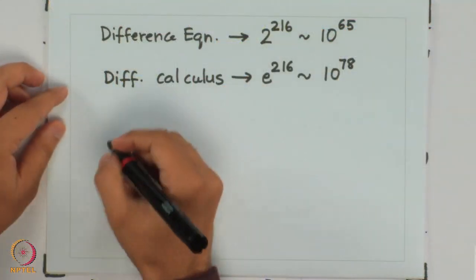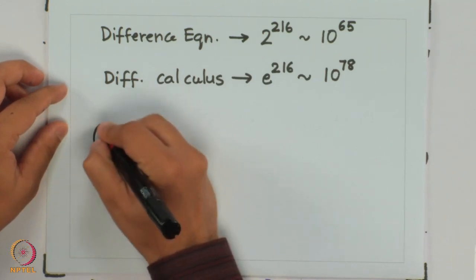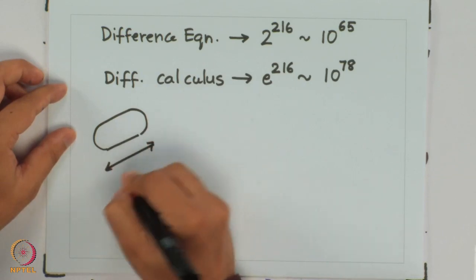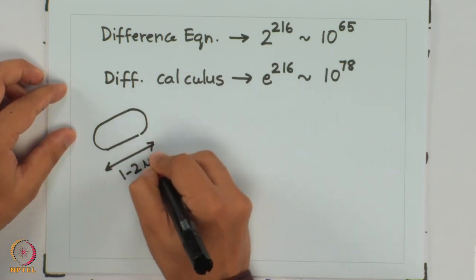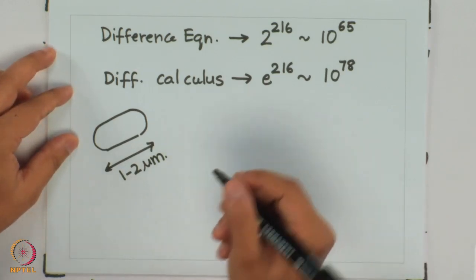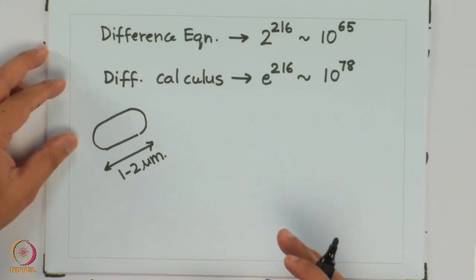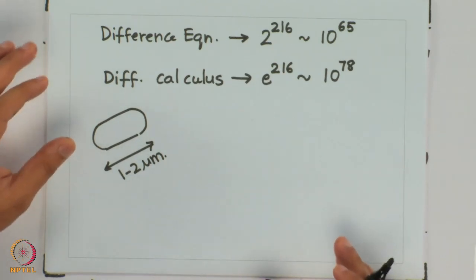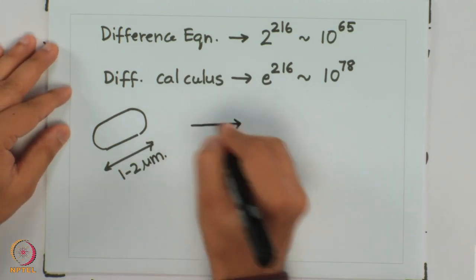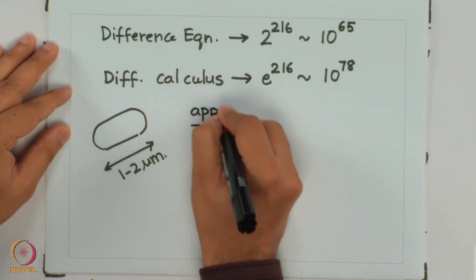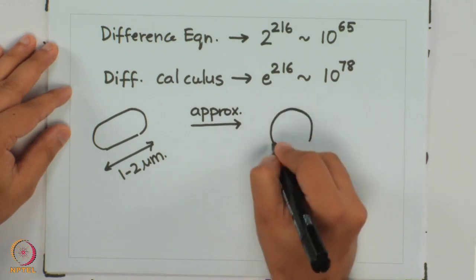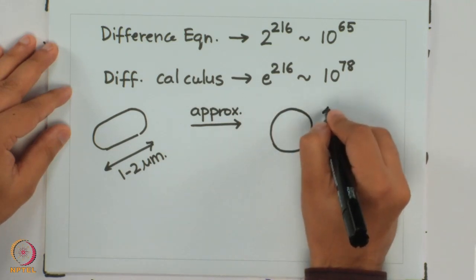Typically, E. coli is a rod shaped bacteria with typical dimensions of about 1 to 2 micrometers. Now, to approximate this, and this is important because we are really only interested in order of magnitude, very crude approximations of weight of bacteria, we are going to approximate this E. coli cell as a sphere, and we are going to take the diameter of that sphere as 1 micrometer.